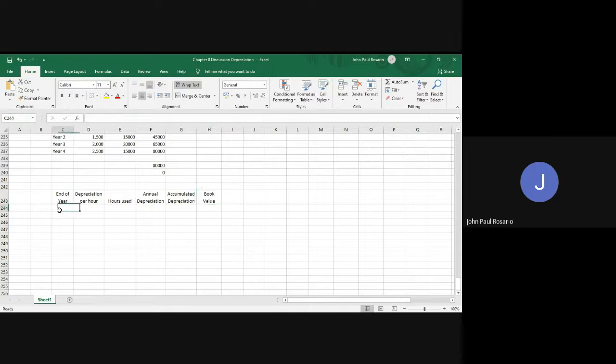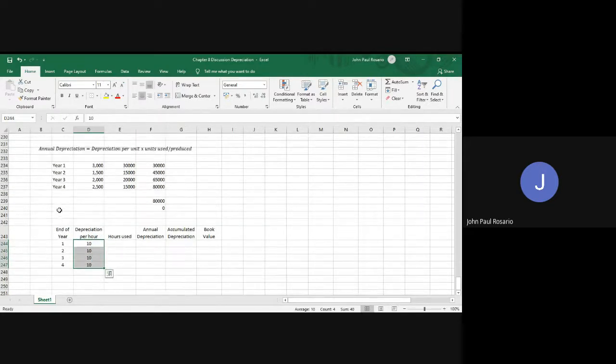Okay. So we have years 1, 2, 3, and 4. Depreciation per hour is 10 pesos. Hours used, this one. And our annual depreciation is this one times this one.